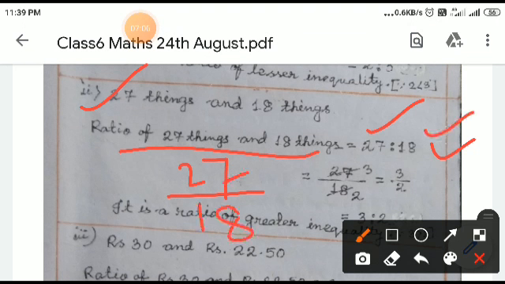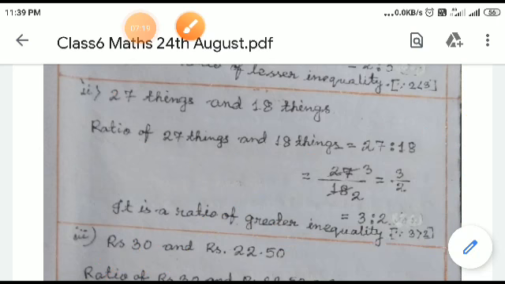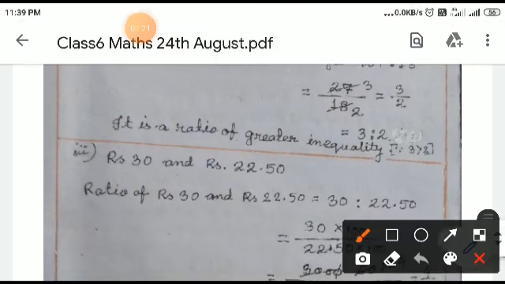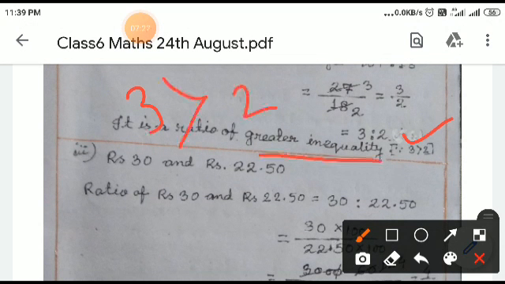After cancellation by 9, we are getting 9 3s are 27, 9 2s are 18, that is 3 by 2. We can express 3 by 2 as 3 is to 2. Here in 3 is to 2, the first term 3 is greater than the second term 2. So it is a ratio of greater inequality.